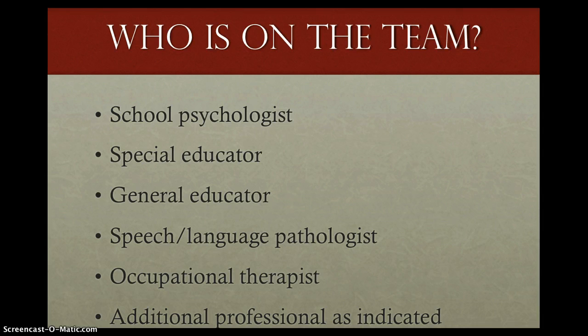The school psychologist, you may have clinical folks involved, you may have lots of outside evaluators outside the school system sharing information, obviously. For planning purposes, you'd have both the special and general educator involved, speech and language pathologists, certainly OT, and many other additional folks could be involved based on the individual who we're looking at.